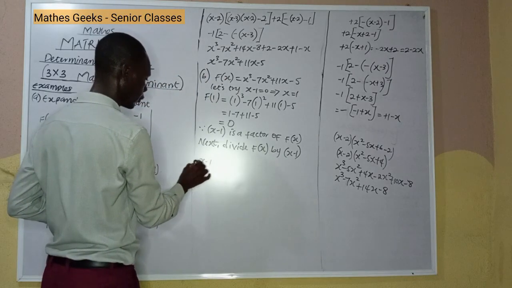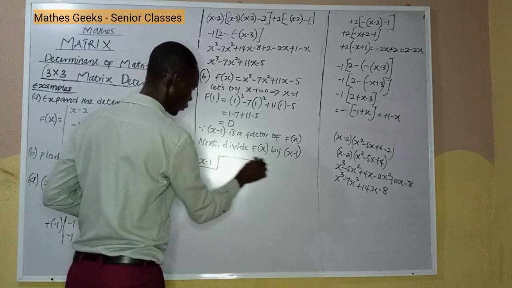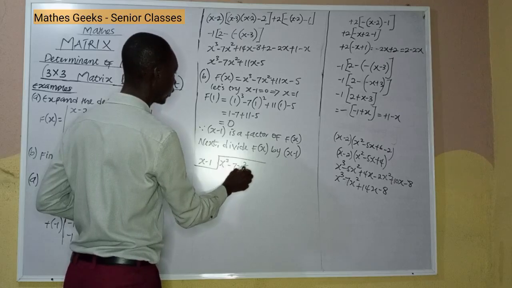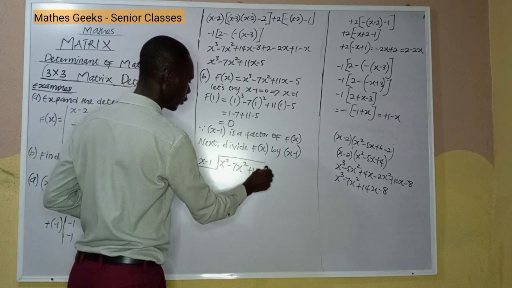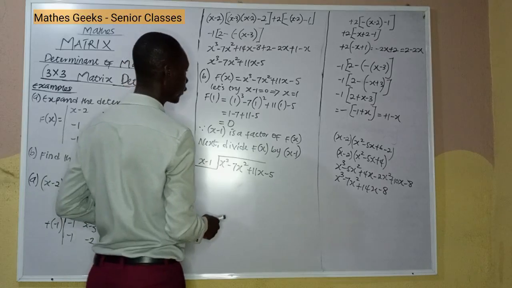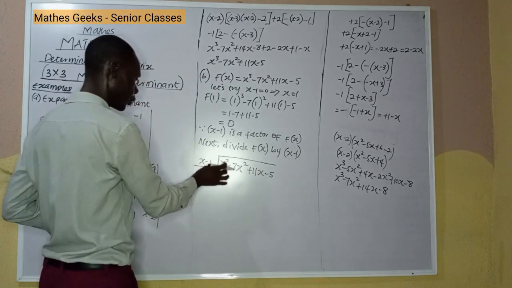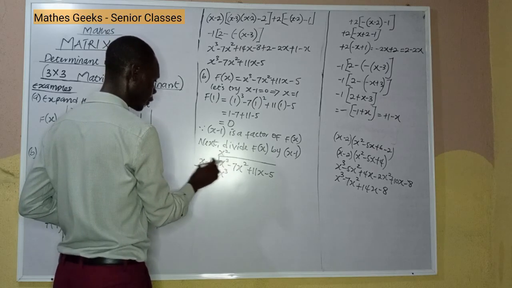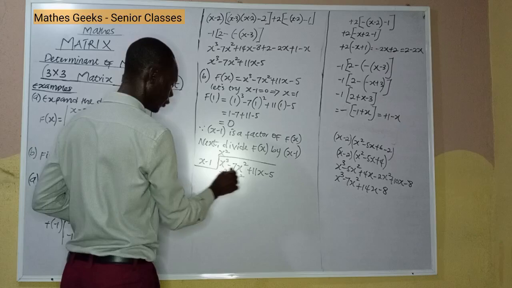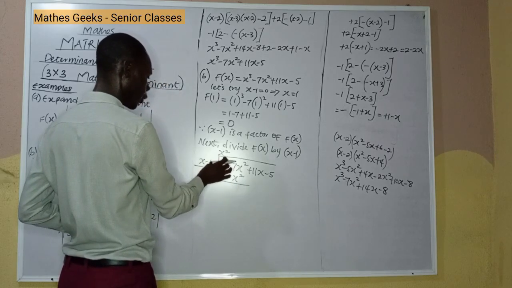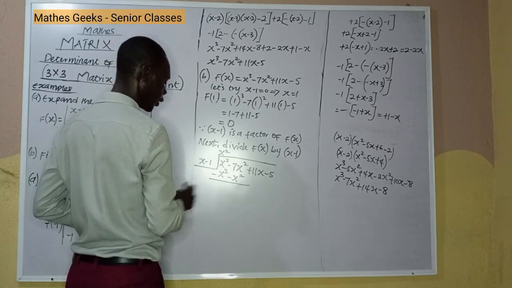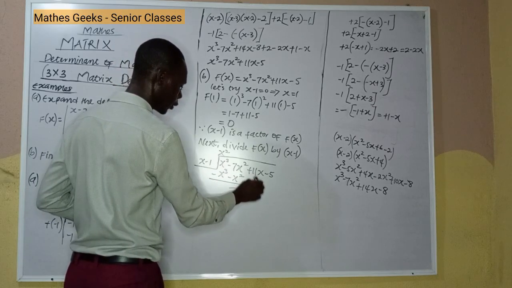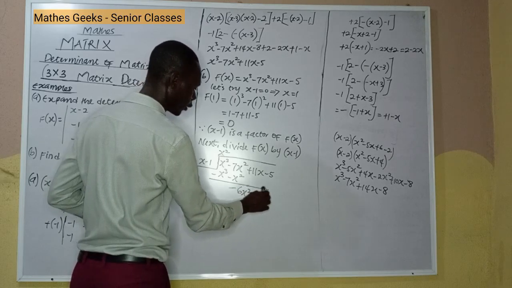So x minus 1 into x cubed minus 7x squared plus 11x minus 5. x into x squared is x cubed. x squared times x minus 1 is x cubed minus x squared. We subtract: x cubed minus x cubed is 0. And then minus minus is plus. So minus 7x squared plus x squared will give us minus 6x squared. Bring down 11x.